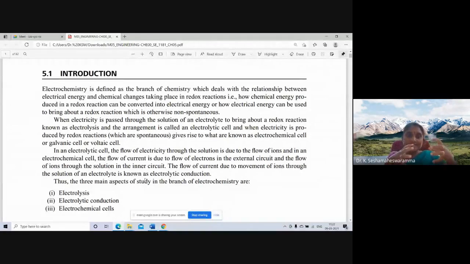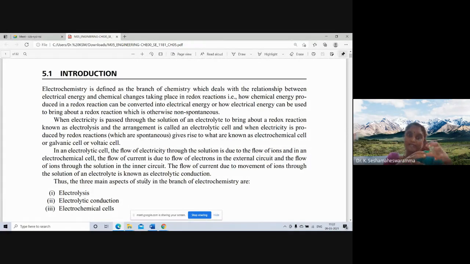When electricity is passed through the solution of an electrolyte to bring about a redox reaction, it is electrolysis, and the arrangement is called an electrolytic cell. When electricity is produced by redox reactions, it gives rise to electrochemical cells, or galvanic or voltaic cells.